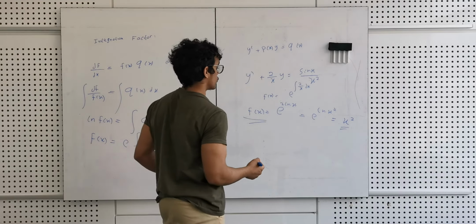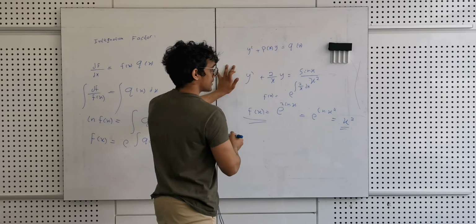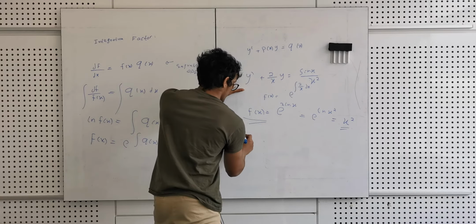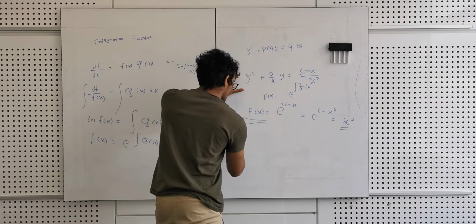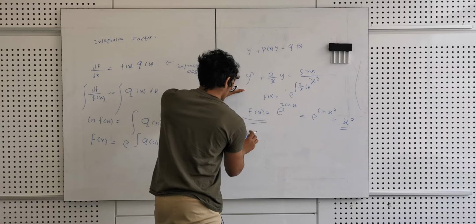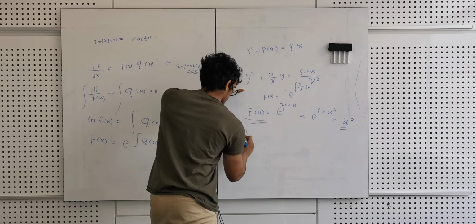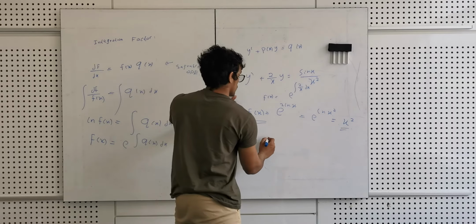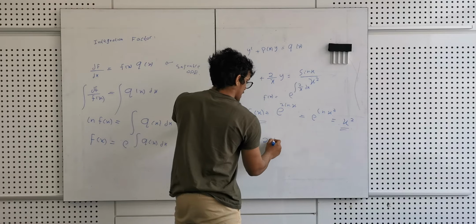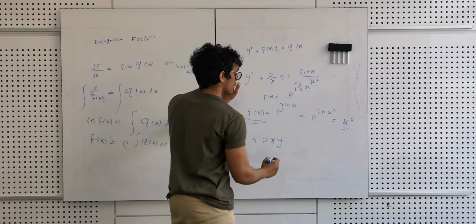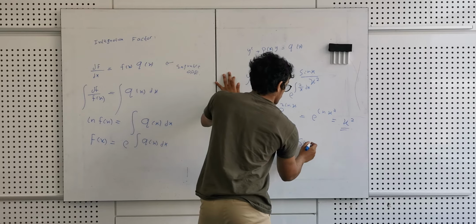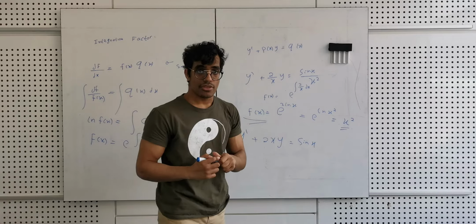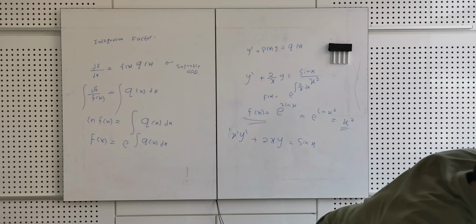The second step in solving linear ODEs is multiplying both sides by the function f of x. So we multiply by x squared, and we get x squared times y prime plus 2xy equal to sine of x. That's what happens once we multiply everything by x squared.